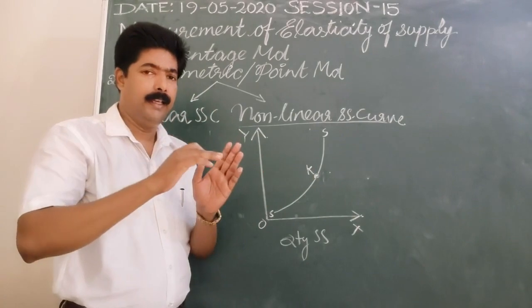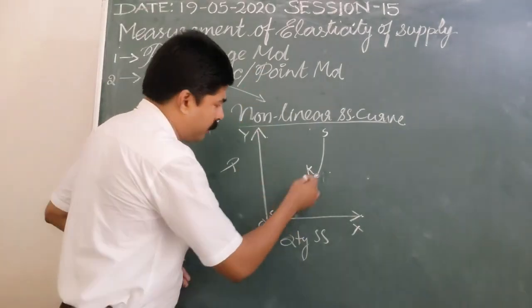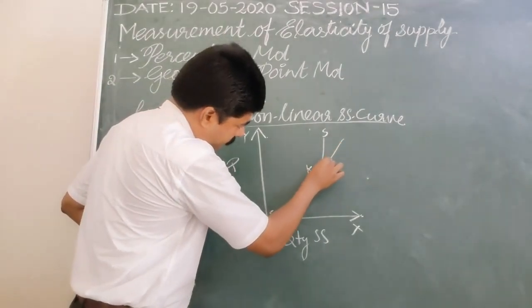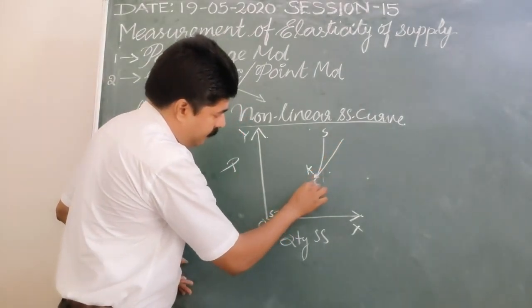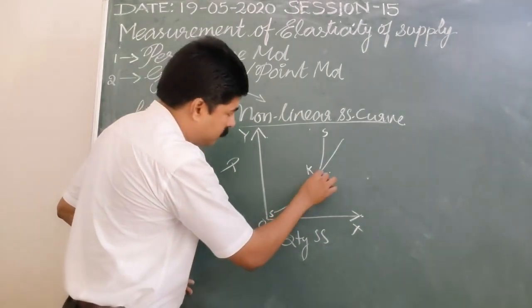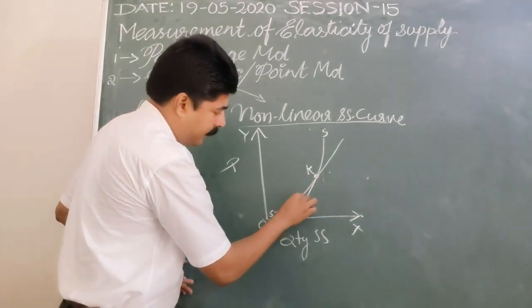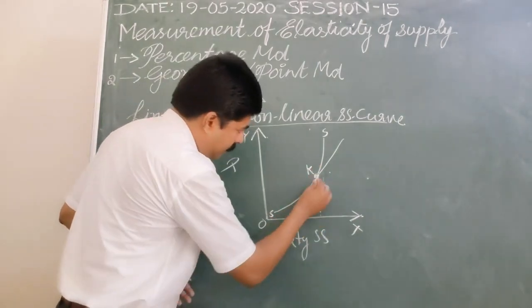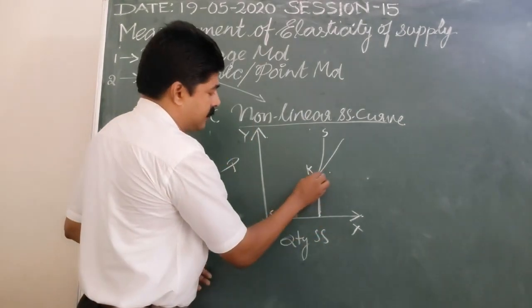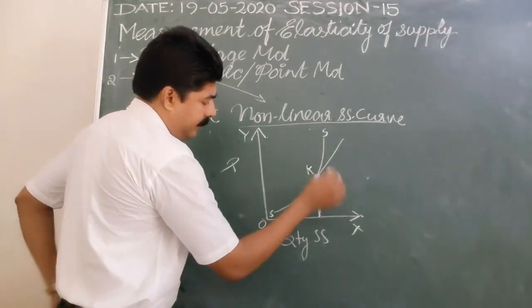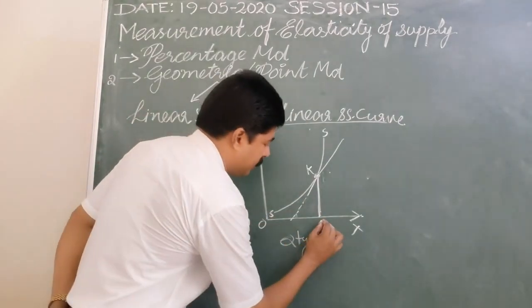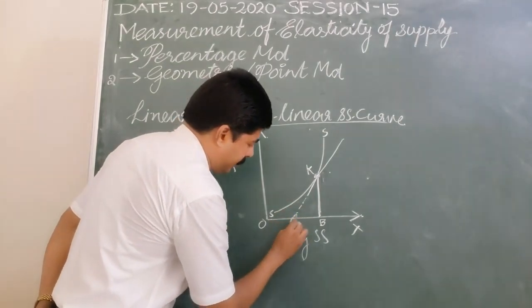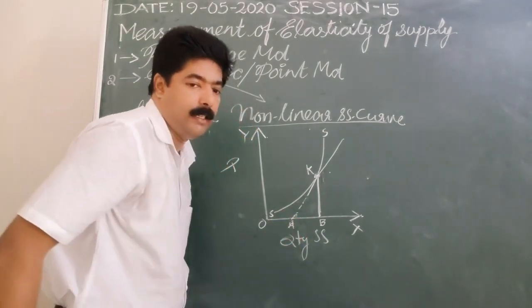I draw it, then extend it to the x-axis. So we can write that B is a point and this is the new point A.